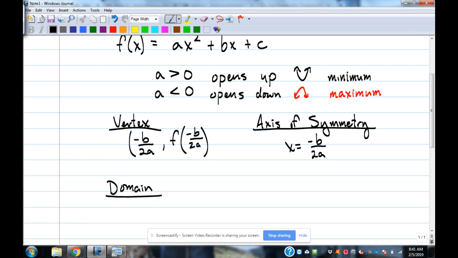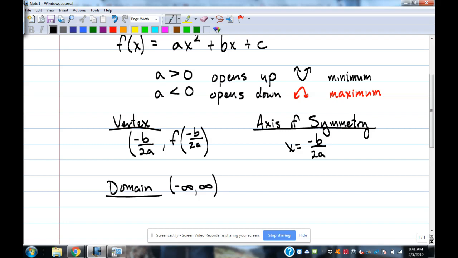Under most normal circumstances, what's the domain? All real numbers. How do we write that? Negative infinity to positive infinity. Interval notation is nice there. Domain is normally that.